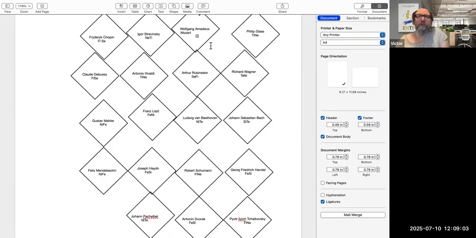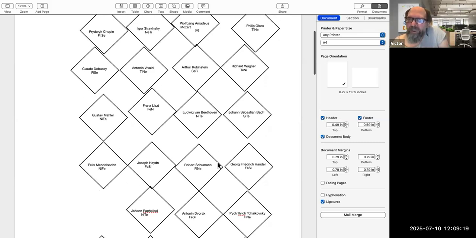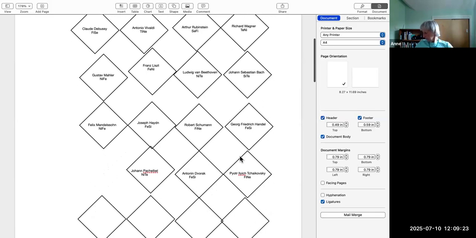Okay, so you can use this. You can cut out these pieces to help you and just place them where they go on the board. And that'll give you a way to start getting familiar with the arrangement.